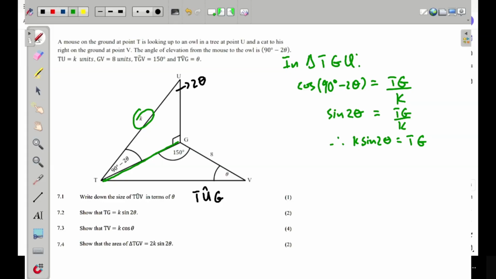And then thirdly, show that TV. All right, let's add this new information to the diagram. So we know this side here is K sine 2 theta. So we want to show that TV, which is this side here, is K cos theta.